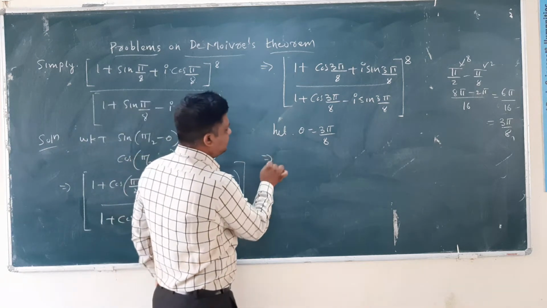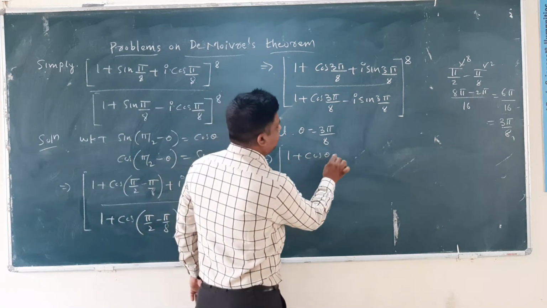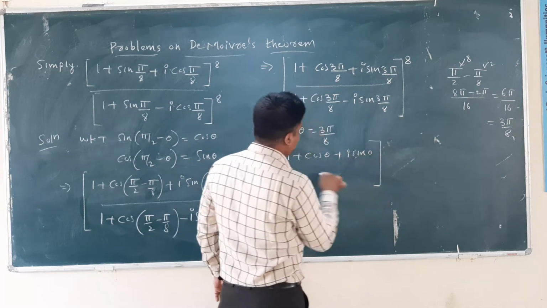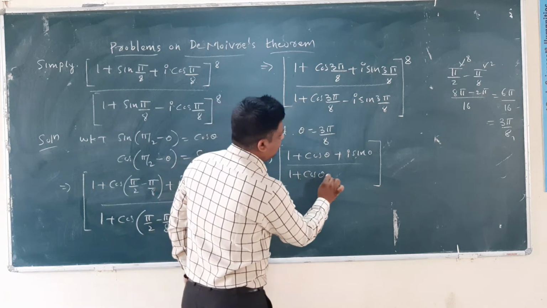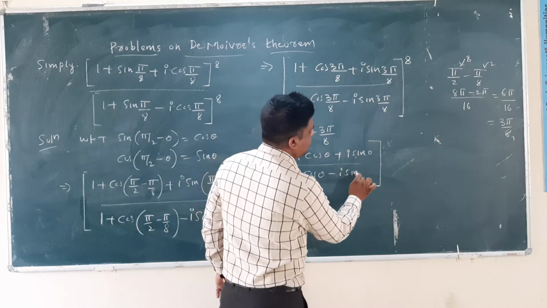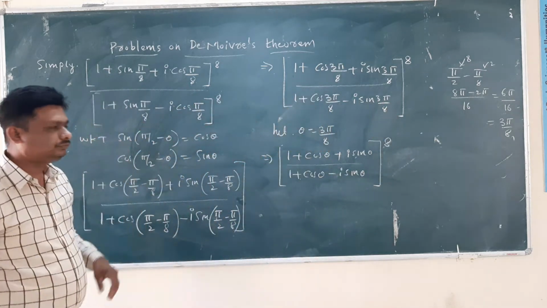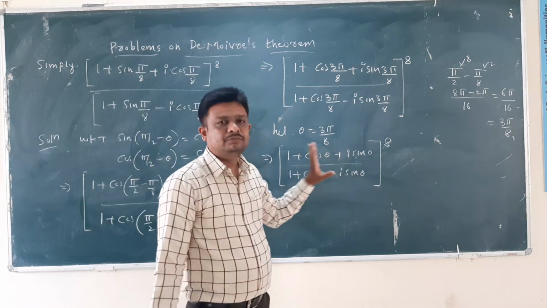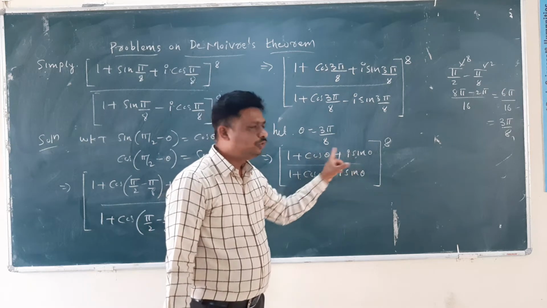So this implies (1 + cos θ + i sin θ) divided by (1 + cos θ − i sin θ) to the power of 8. Here still it is not in the standard form, so again I cannot apply De Moivre's theorem to this function.